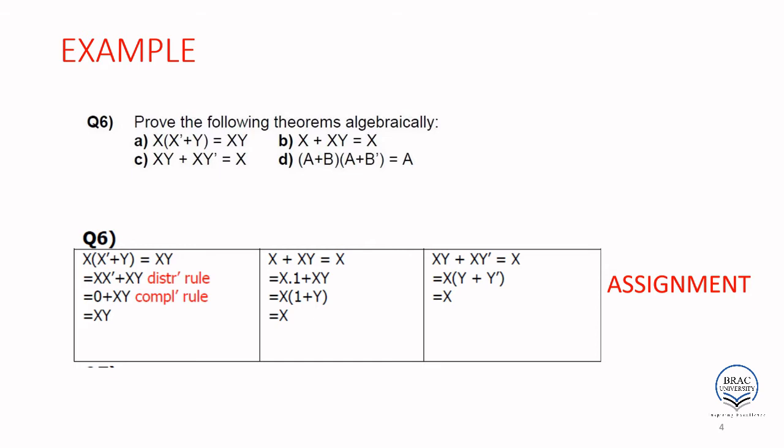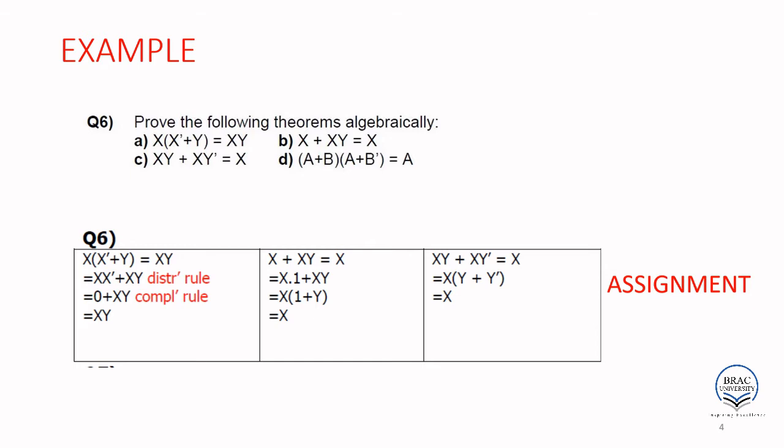The first one says x into (x prime plus y), and it should become xy. So if we write it here, x into (x prime plus y), we need to prove it as xy. Just multiply it: x into x prime and x into y, which is known as the distribution law.